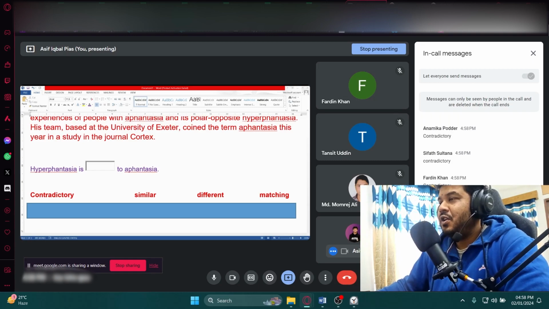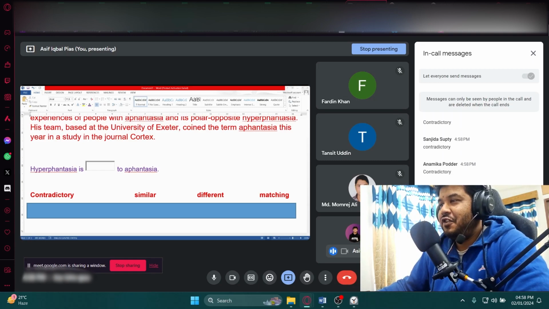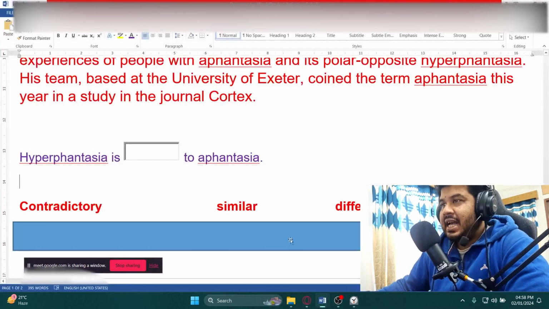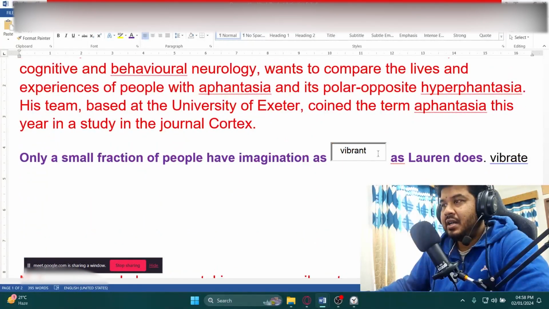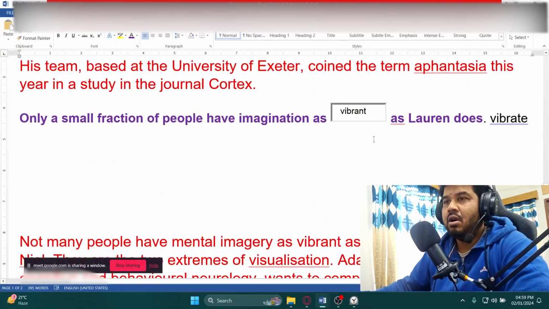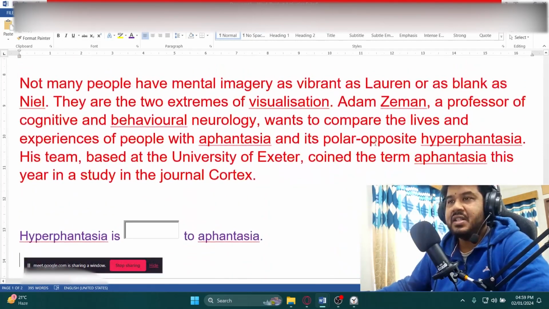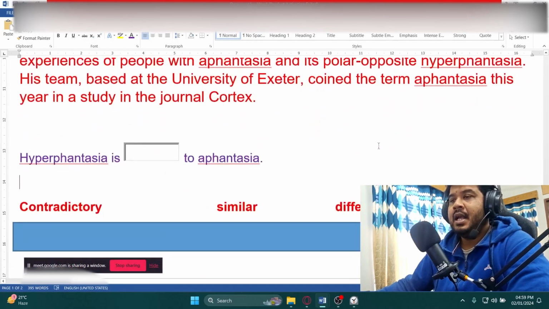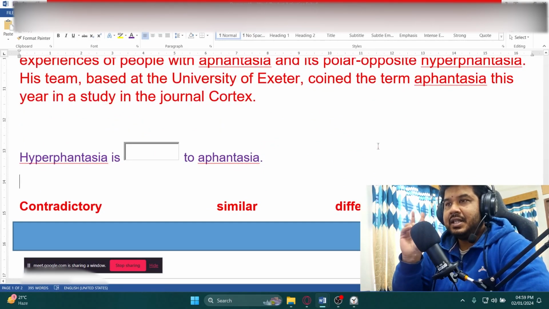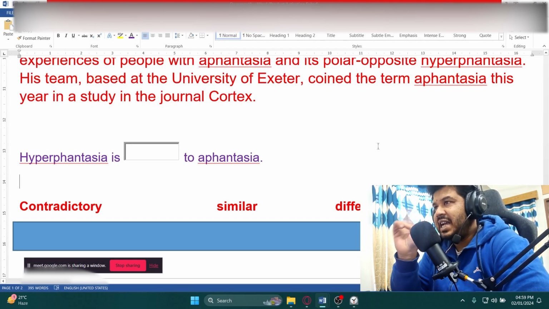Okay, so good. Most of you have got the answers, or at least you understood the logic behind it. Now, whenever you are doing these kinds of questions, like matching or gap filling, or sentence completion, whatever you call it, there are two types.